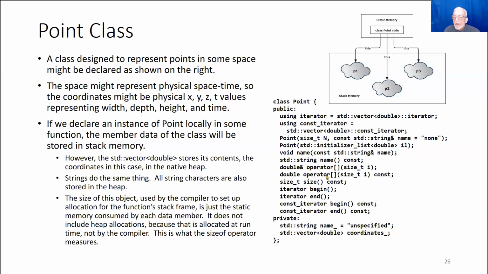But there's another index operator that returns not a reference, but a double by value, and is qualified as const. The reason for that is that if I have a const point, the compiler won't allow me to call this index operator that returns a reference, because that can mutate the state. It won't let me do that on a constant object.